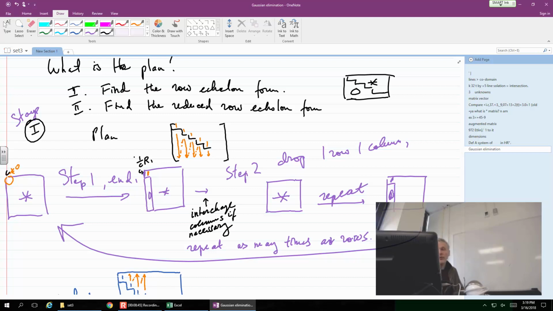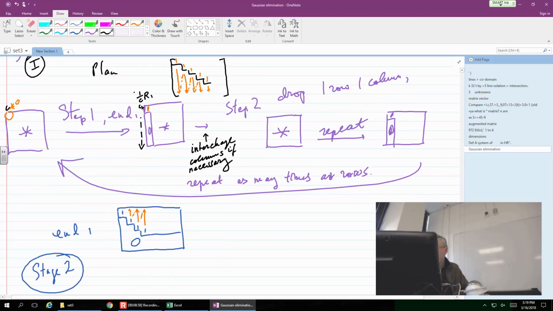And then you have a whole cycle over here. This is a cycle where you go through all the entries in the first column and eliminate them one by one. So it's worthwhile to ask what it means to eliminate a non-zero entry with a leading one in formal language.